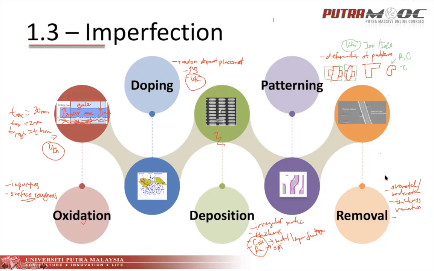Okay, so based on these issues that you have observed, what kind of parameters could be affected? How can the transistor or chip performance vary if you have under etch or over etch or thickness variation in the removal process?